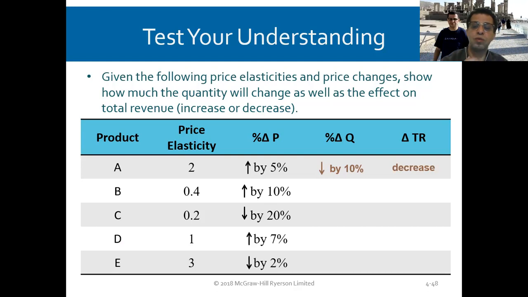Say you increase your price by 5%, from $100 to $105. People used to buy 100 units at $100. Now you made it $105, and because the price elasticity is high, people start buying only 90.